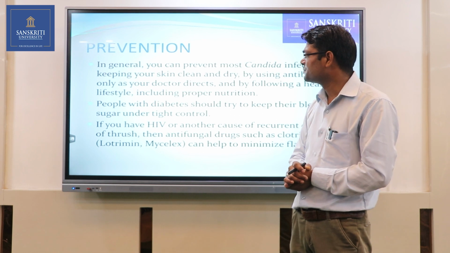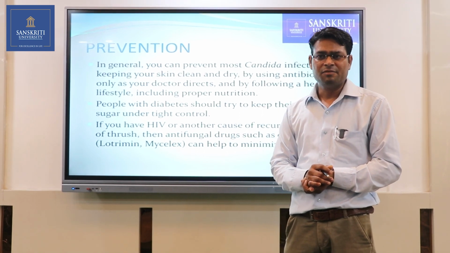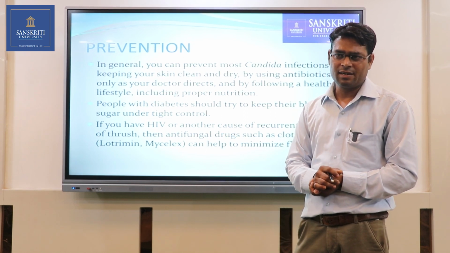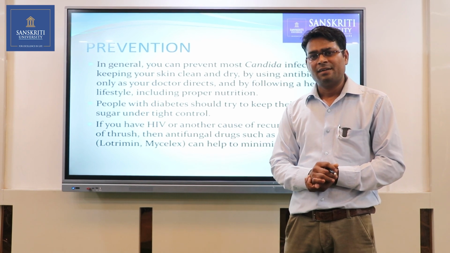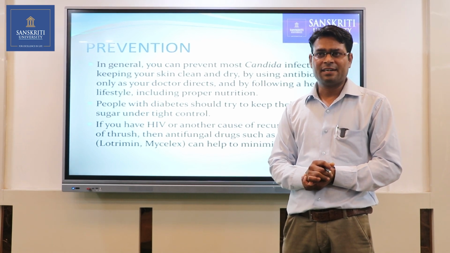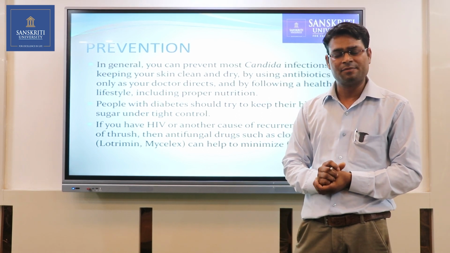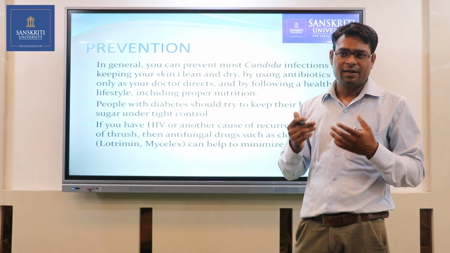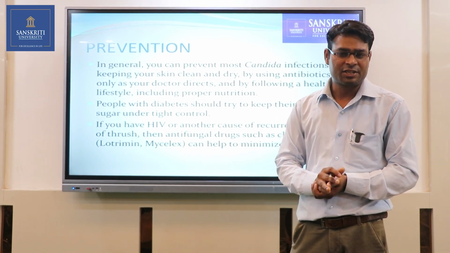We can also use prevention, a term which is well known in the medical line: prevention is better than cure. So prevention is most important to take care of various infections.